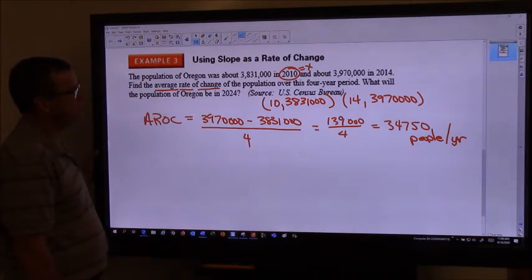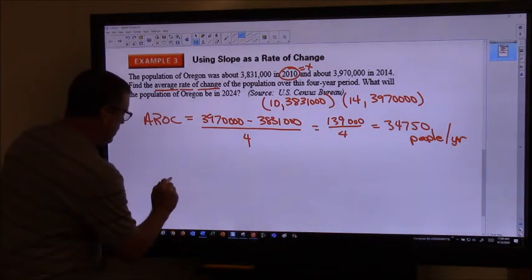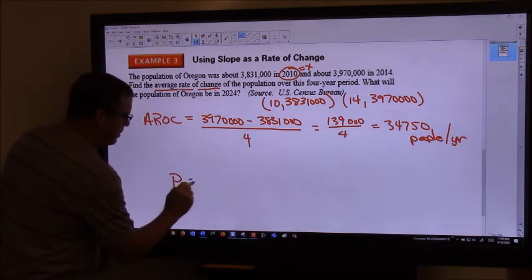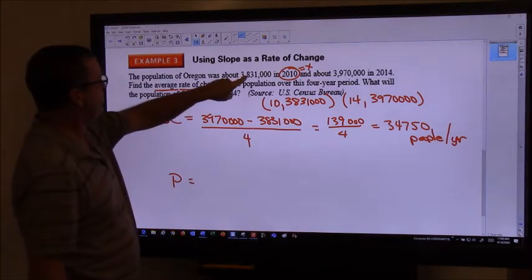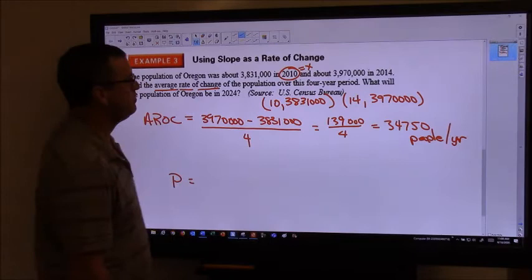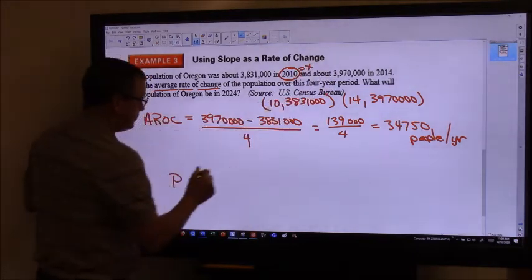So the last part of this question, what will the population of Oregon be in 2024? So what we can do is we can say that the population P, it doesn't matter if you started with this number or this number. I'll just take this.